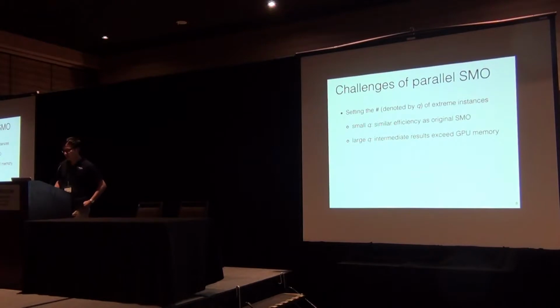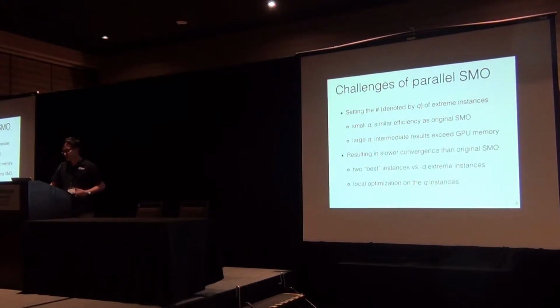But exploiting this intuition has some challenges as well. For example, when we set the batch size, if the batch size is very small, then the efficiency of the library could be similar to the original SMO. However, if the batch size is too large, we may end up running out of GPU memory.